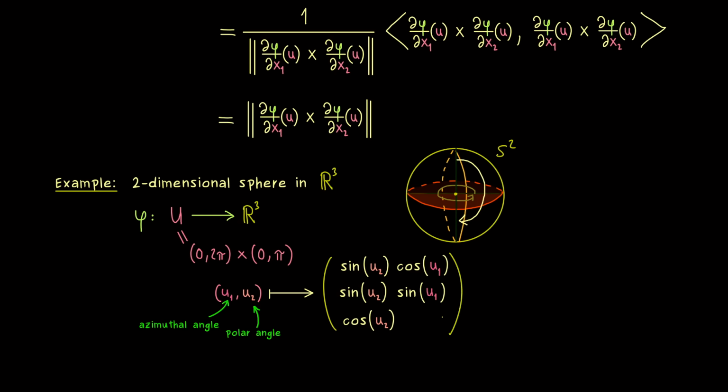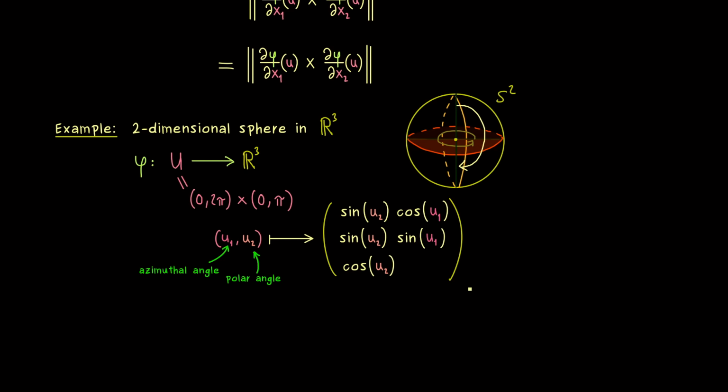This is how we can parameterize our unit sphere in R3. So definitely something you can remember here, but you should also note that there are different possibilities for the angles as well. If you see some other combination of sine and cosine functions, then this might be a different parameterization of the sphere.